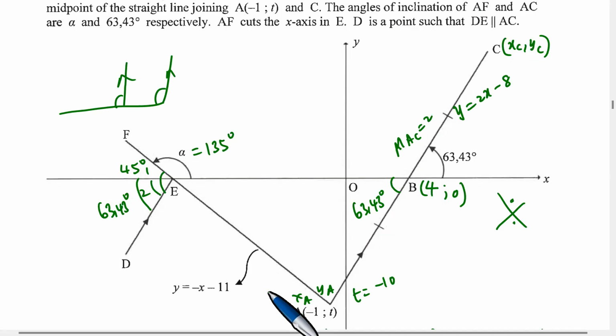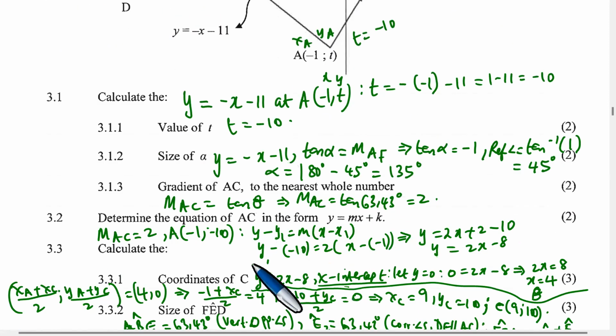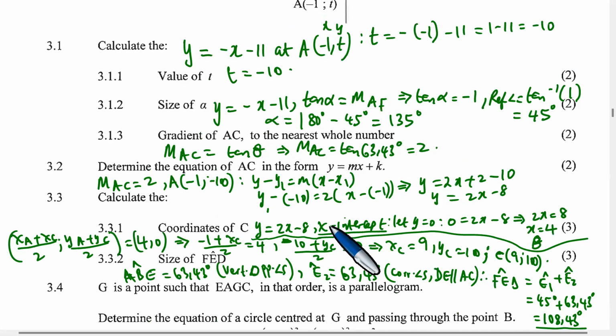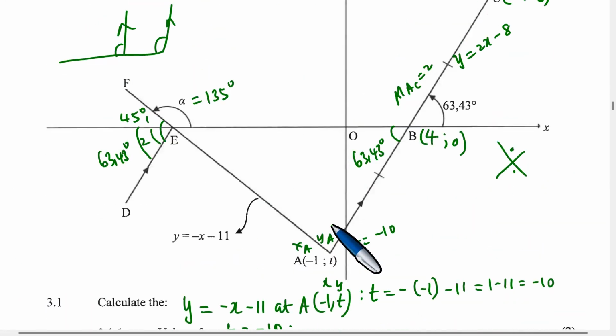What is the next thing to be done at this point? So there's a point G such that EAGC, let's look at that. EAGC.